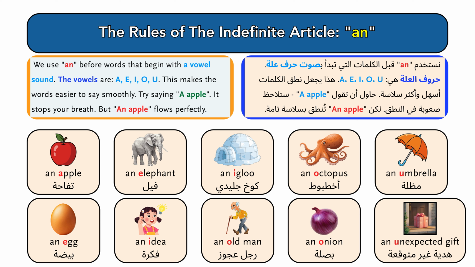Here are some common examples. An apple. An elephant. An igloo. An octopus. An umbrella. An egg. An idea. An old man. An onion. An unexpected gift.